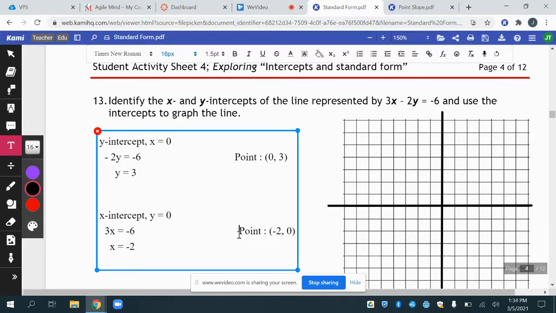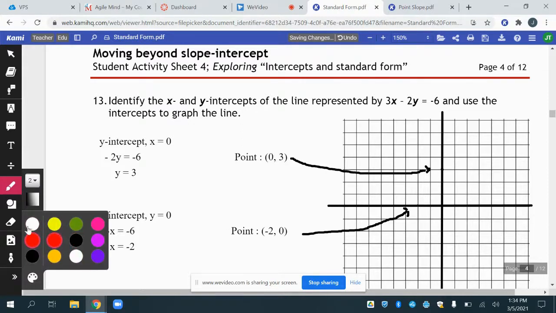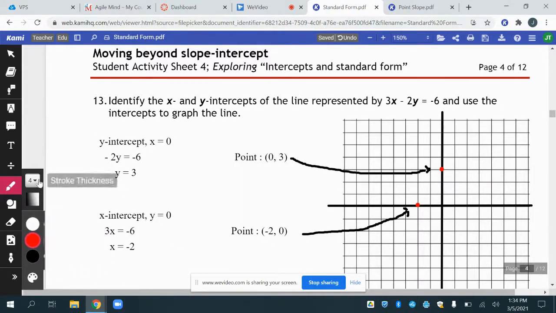All right, so now I just have to make them fit. I need to graph the point 0, 3 and the point negative 2, 0. I'm going to make them bigger and a different color so we can see them well. There they are. So now all I have to do is graph my line.